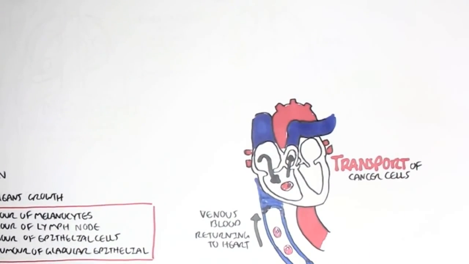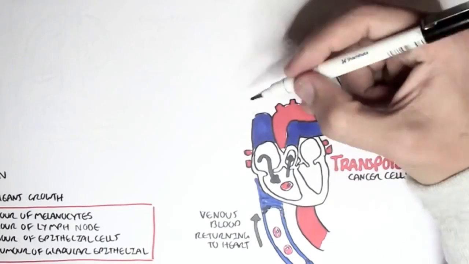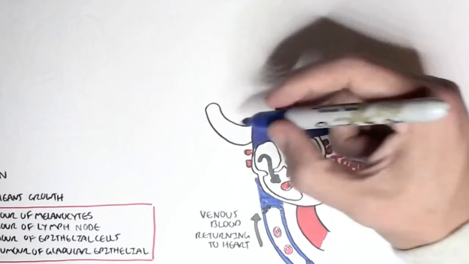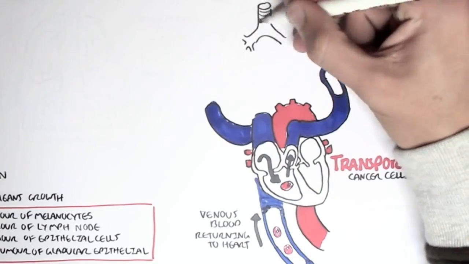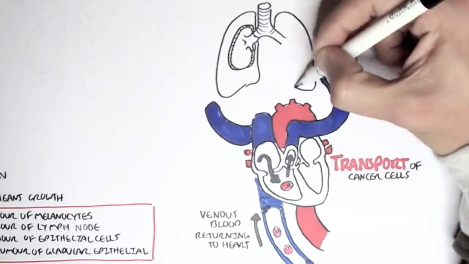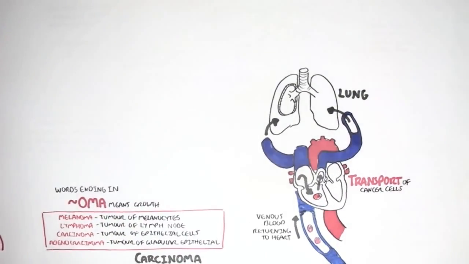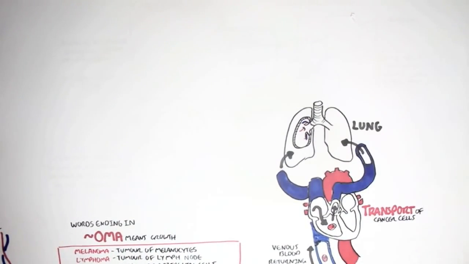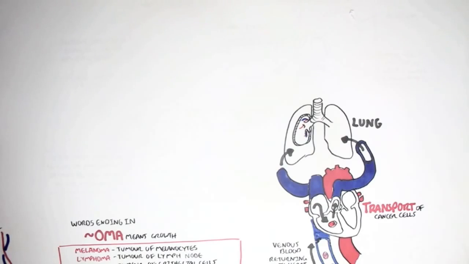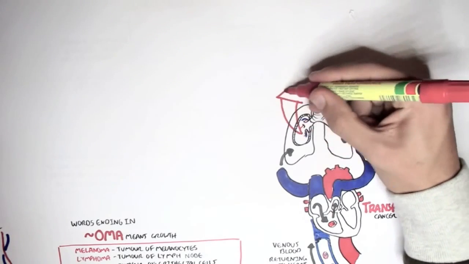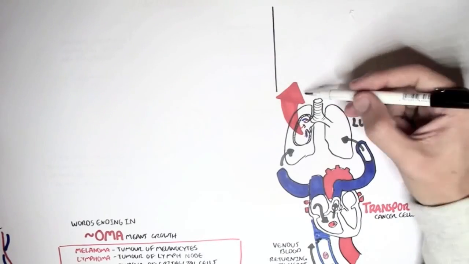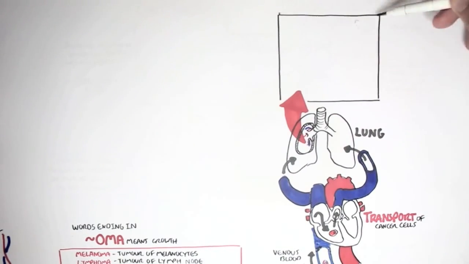Now, the site where the cancer cells are usually transported to first are the lungs, because as you know, the pulmonary arteries leaving the heart will enter the lungs, like so. And so the lungs are often the second site of infection, the secondary site. So these cancer cells will adhere to the endothelial walls, the vessel walls of the lungs, and essentially invade the lungs.